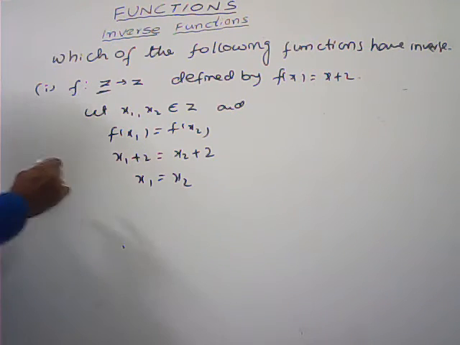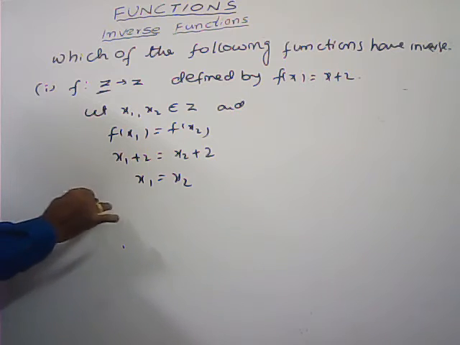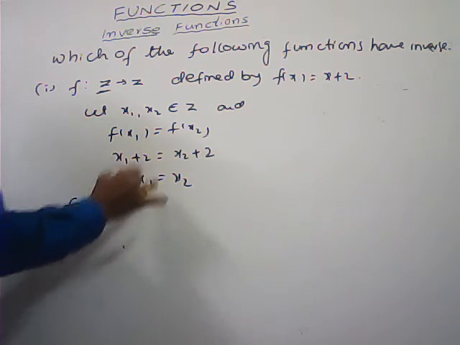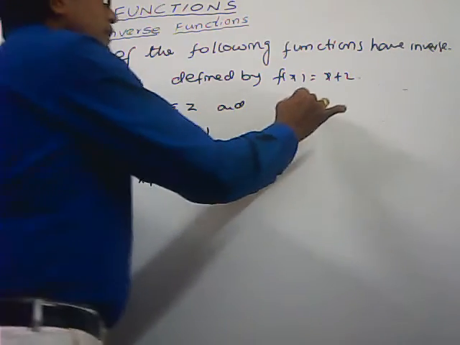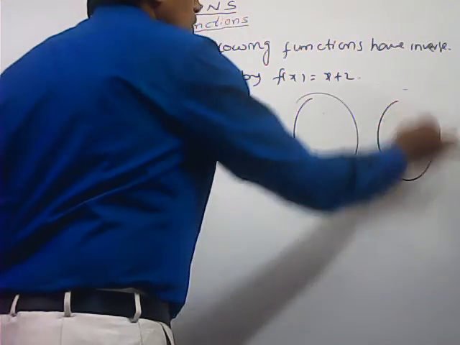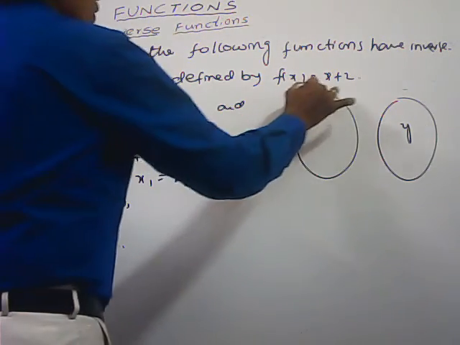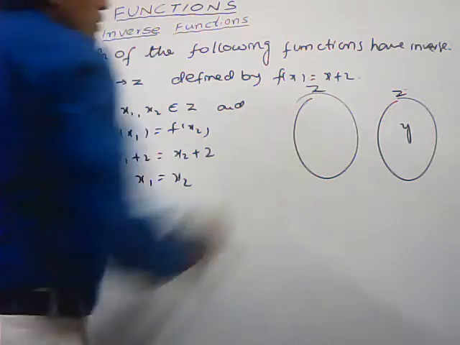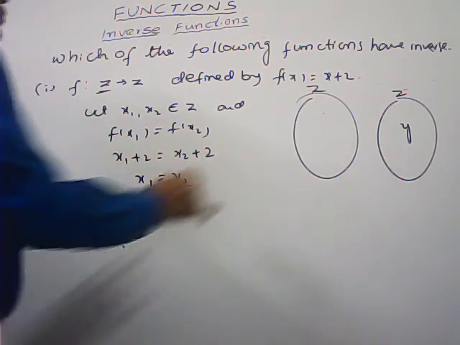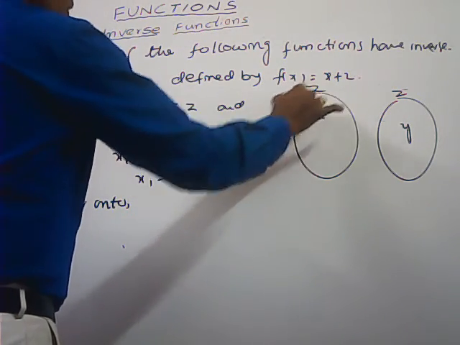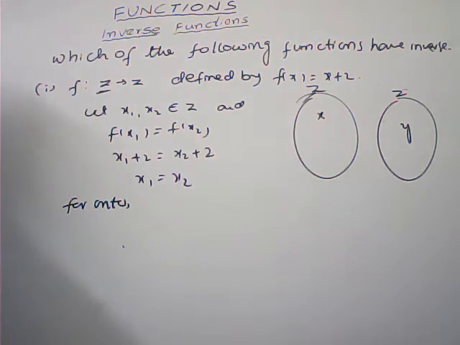Now for onto, here I am taking a letter y, an arbitrary element in the codomain. Here set of integers are there, here also set of integers are there. In the total function, x be an element in the domain, y be the element in the codomain.